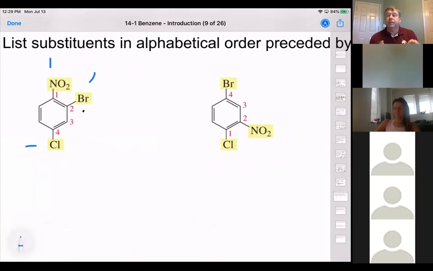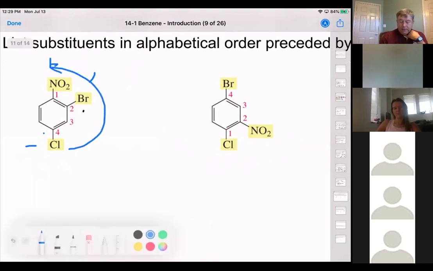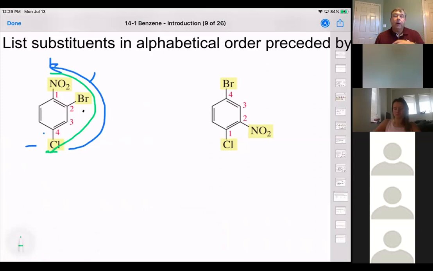None of those change the name of the benzene ring. So all we have to do is figure out how to number them so that they're the lowest number, okay? If we started here with the chlorine and named it 1, 3, and 4, that's higher than if we started from the nitro group and did 1, 2, and 4. So that's why we're going to name it with that lowest number set.